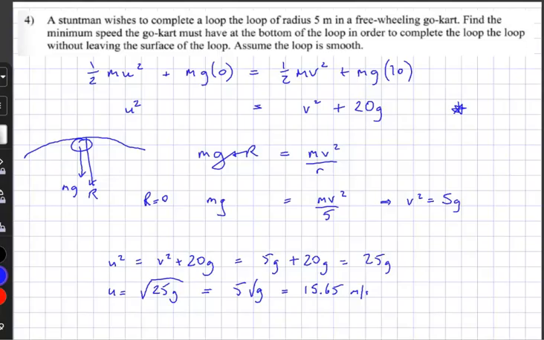The key thing is, we need to have a reaction just at the top, or literally at that point. We may run out of a reaction, but only just, and the circular motion continues. So there has to be a reaction.